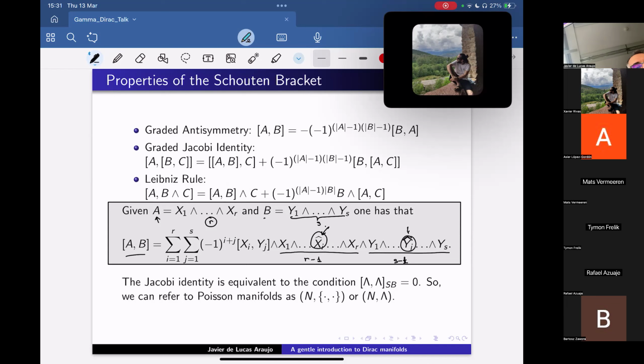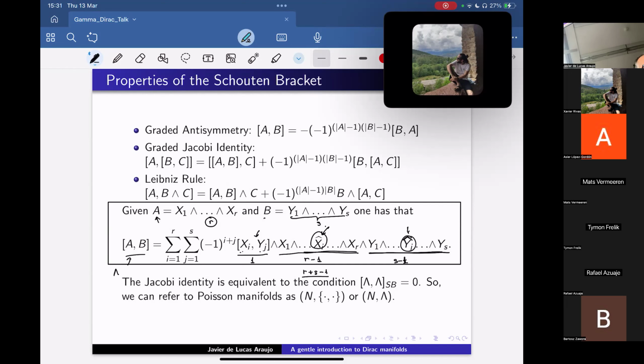So instead of R, you have R minus 1, and instead of S, you have S minus 1. And here you have an additional vector field given by the pairing of the first vector field and the second vector field that were missing. So you see that you have an R plus S minus 1 vector field.